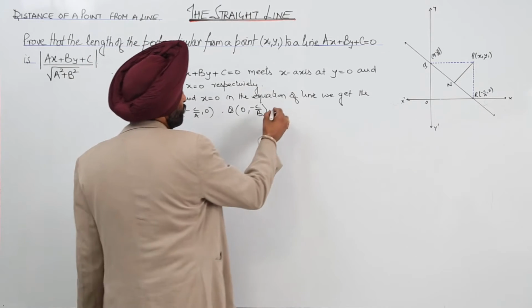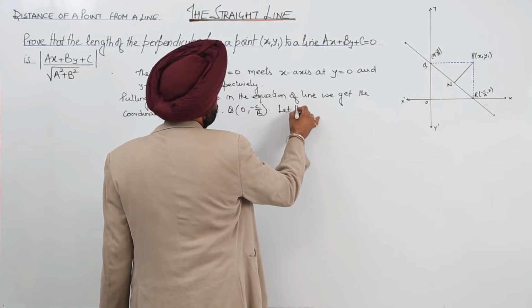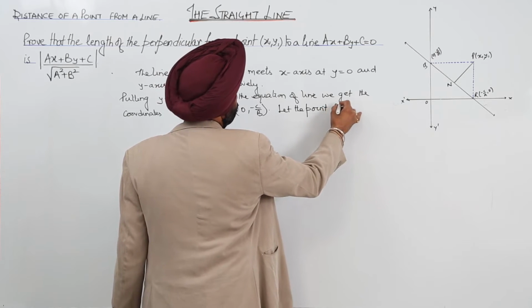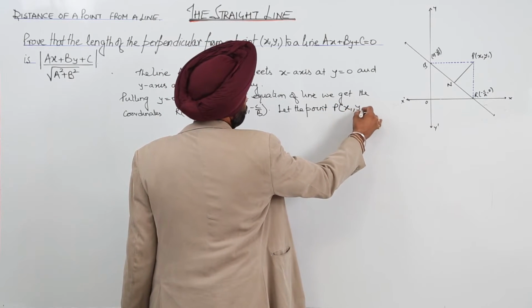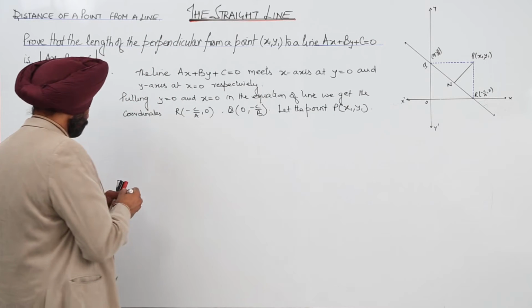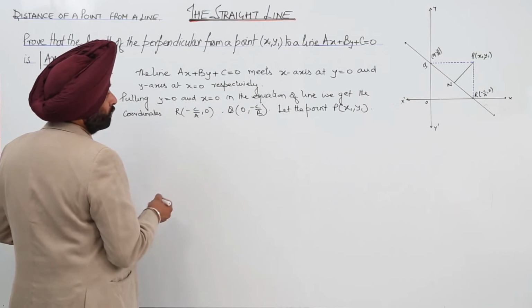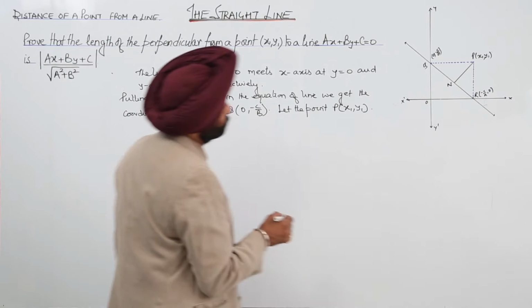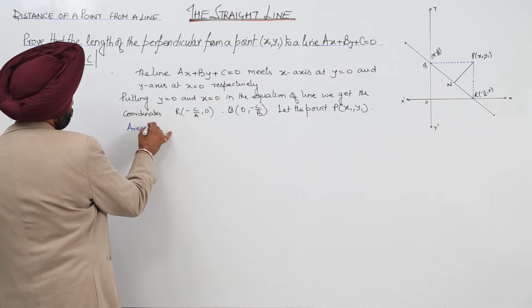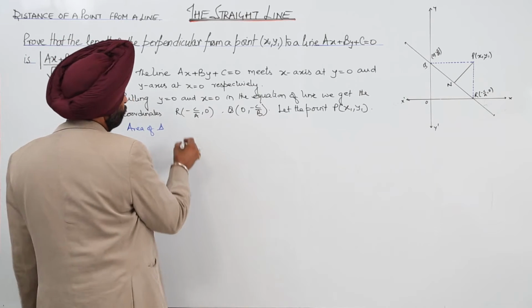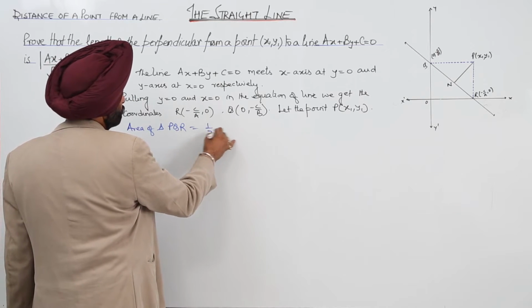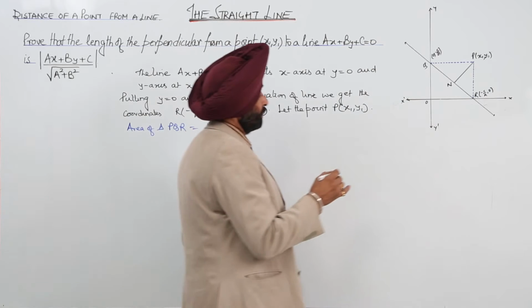Okay. Now let the point P be x1 y1. Now first thing, area of triangle PQR is equal to half. Now let's write it first.